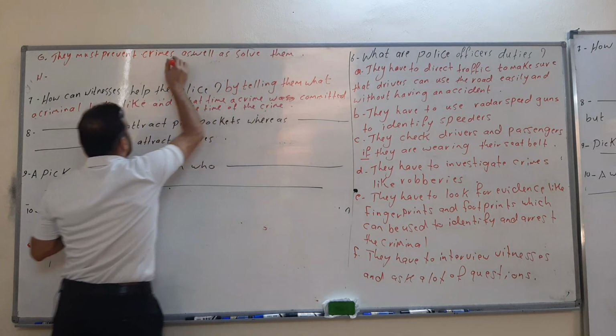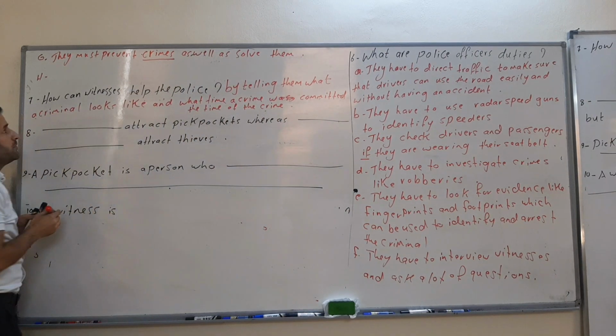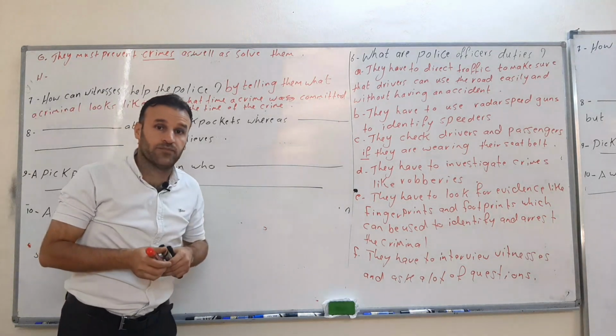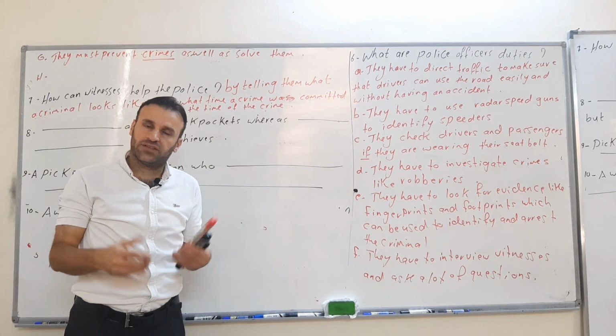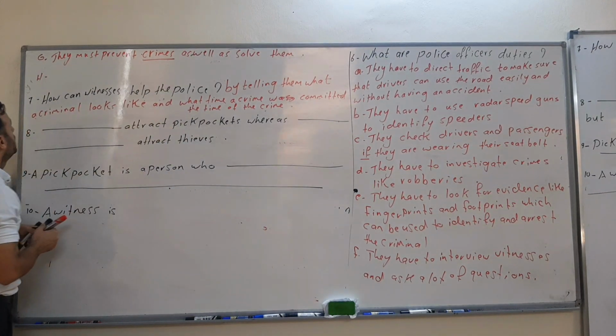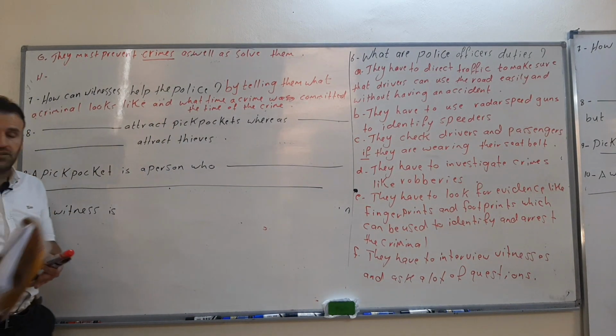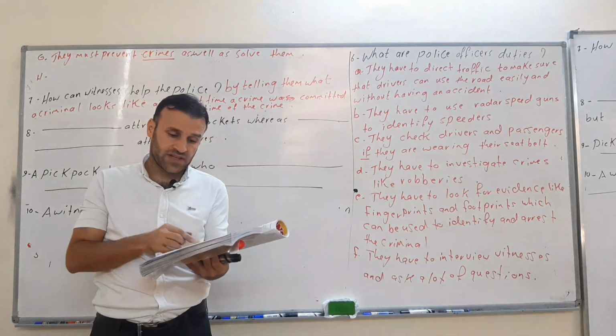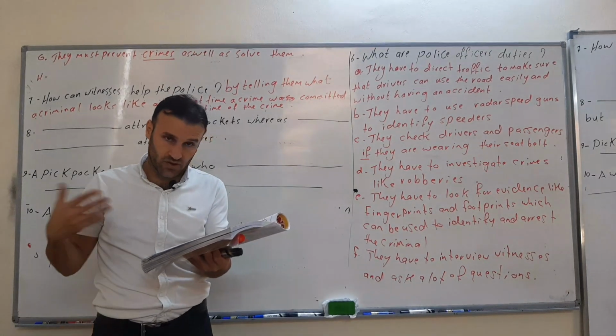Okay, here we're talking about the crimes. They must prevent the crimes as well as solve them. Not only prevent the crime. Okay, I'm going to complete reading. So, police officers try to prevent the crimes as well as solve it. I mean, solve the crimes.